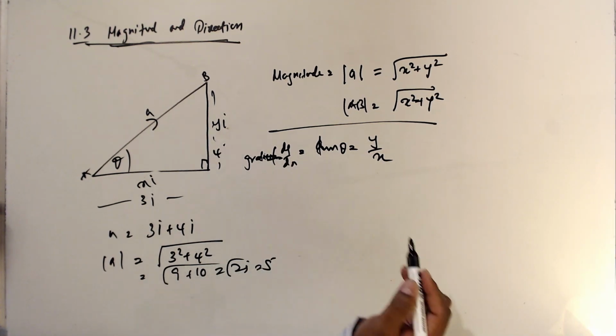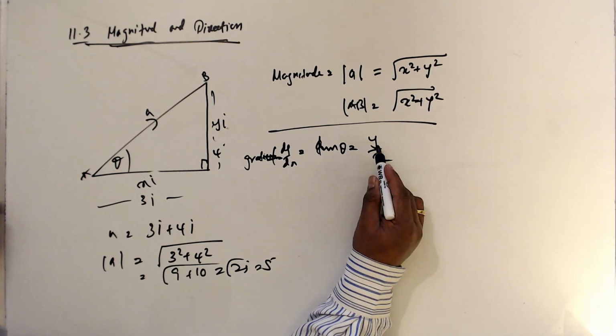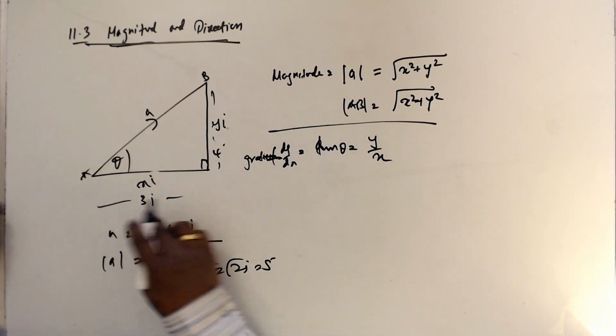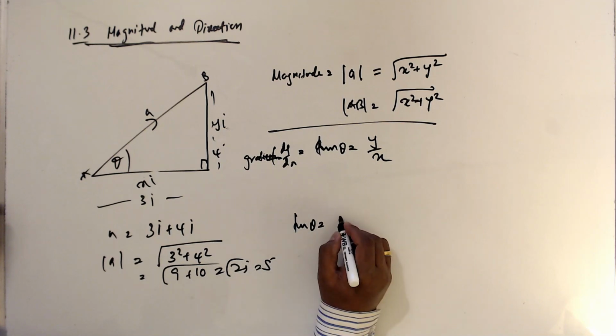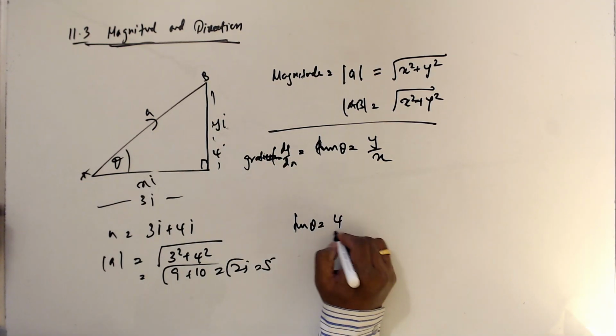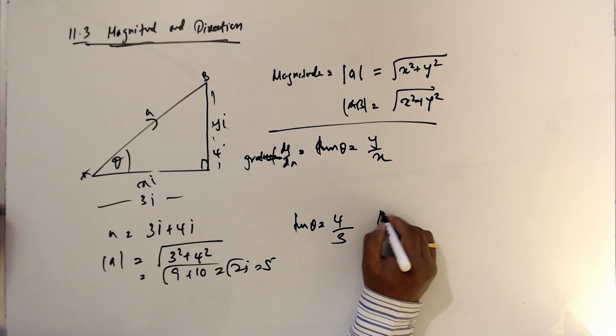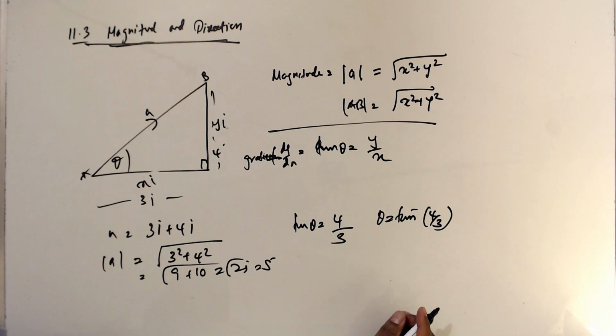Gradient is y divided by x. With these numbers, tan theta equals change in y over change in x, 4 over 3. Theta equals tan inverse of 4 over 3.